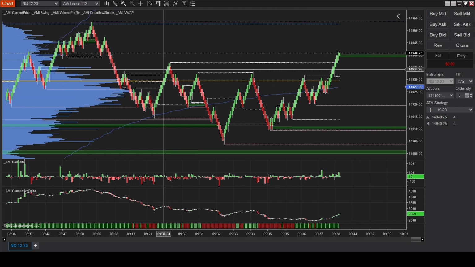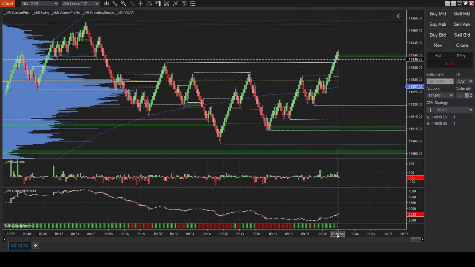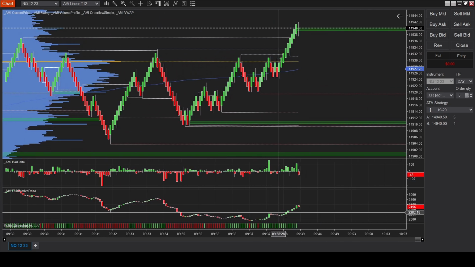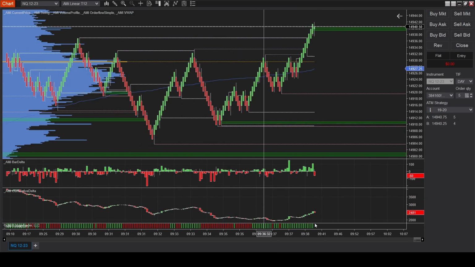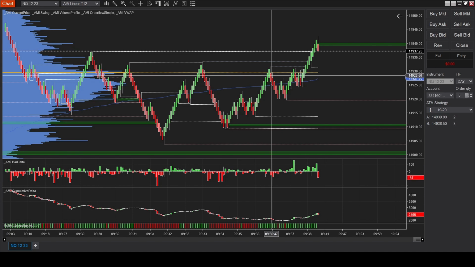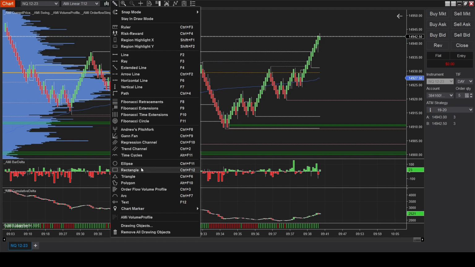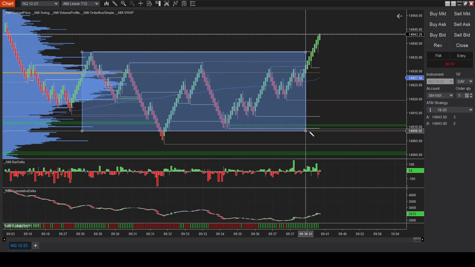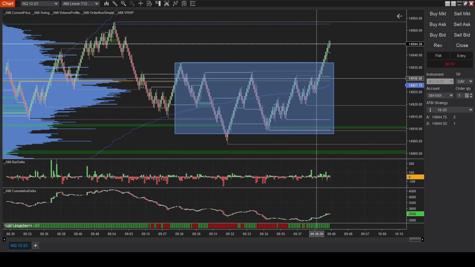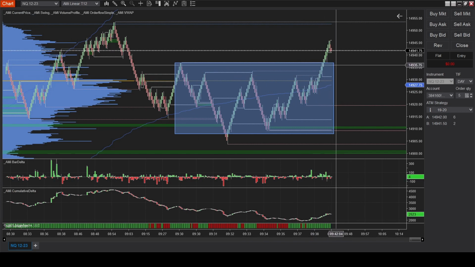Nice push now. Some consolidation, some ranging around this area. So you can potentially get a retest of this pending auction or the top of the range.